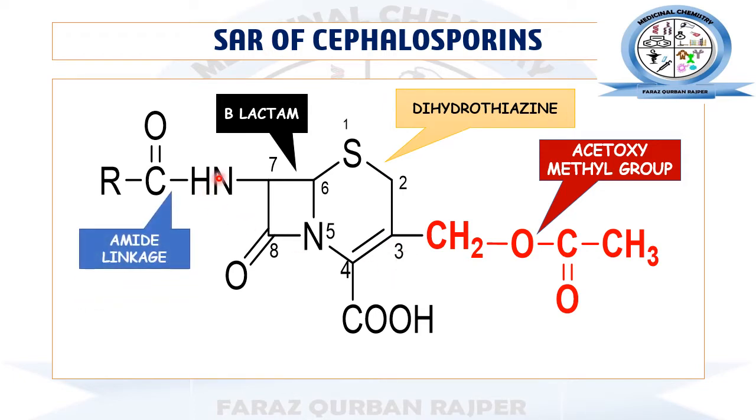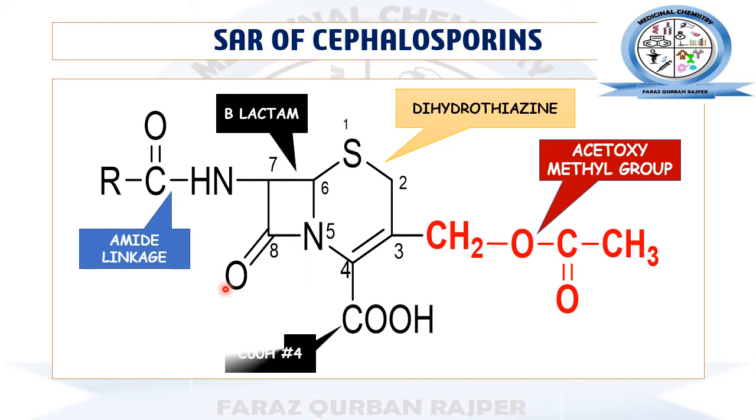And at the 7th position we have the acyl amino side chain. This is the amide linkage, because the carbonyl group is directly bonded with the amino group. So this is the acyl amino side chain. This R will be a different side chain or functional group in different cephalosporin derivatives.